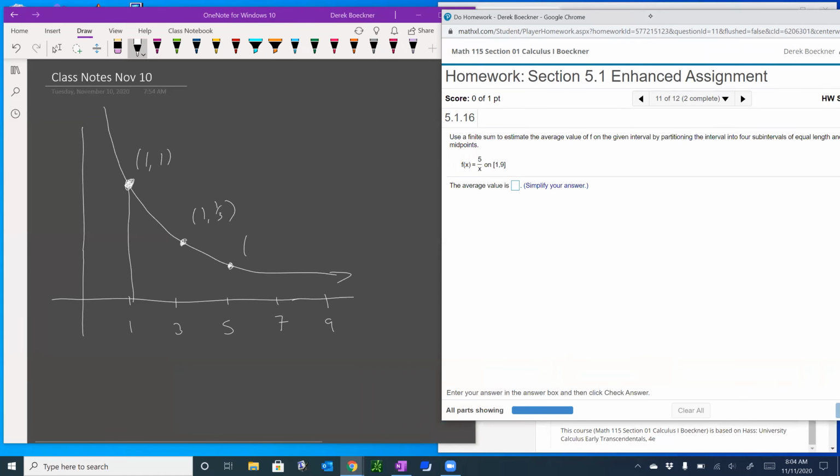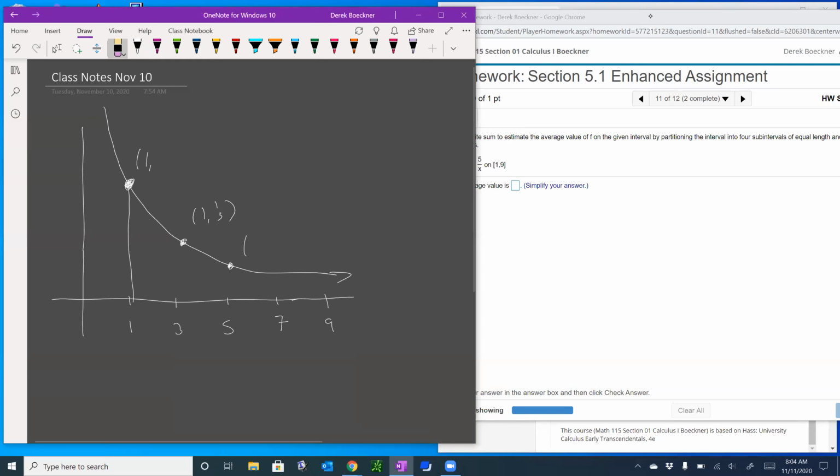So 5 over x. Okay, so there's our picture.